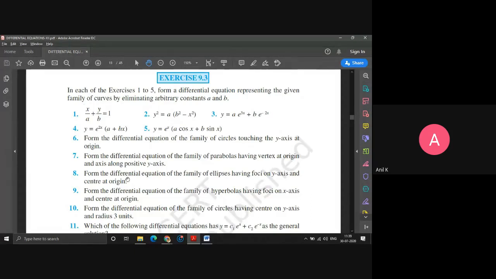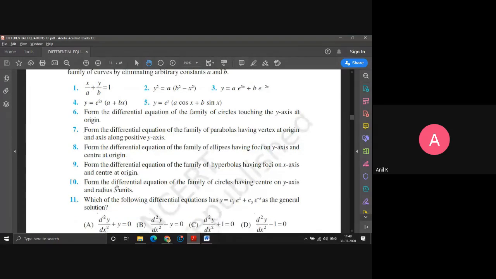Okay. Then form the differential equation of the family of ellipses, foci on the y-axis and the center at the origin. In the previous example, we solved foci on the x-axis. Now the question is given foci on the y-axis. Just refer to the class 11th exercise or those chapters to get the general equation. Then you can solve them very easily. Next, the 9th one is form the differential equation of the family of hyperbolas.